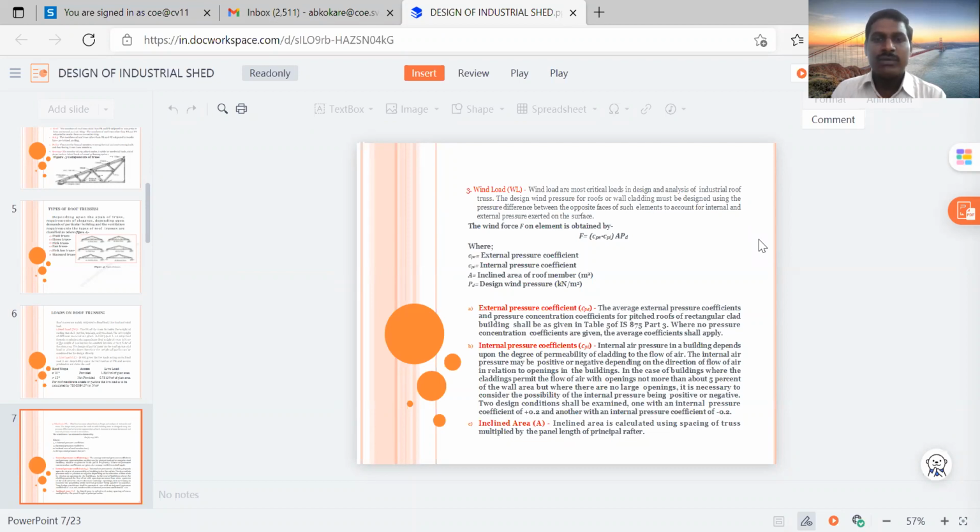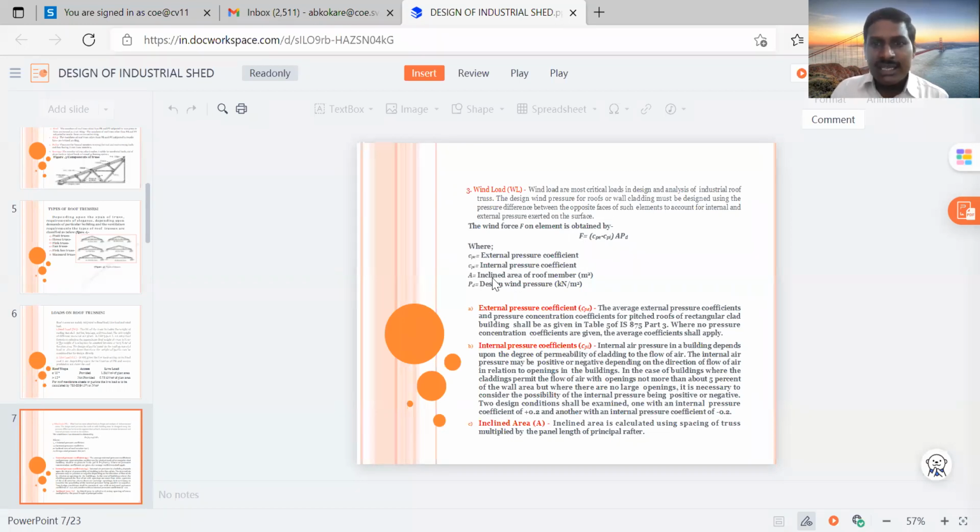When we calculate the wind load for the load combinations, IS 875 part 3 is required. The coefficients are given as per the study. In the IS code, the external wind pressure coefficients and internal pressure coefficients are given.